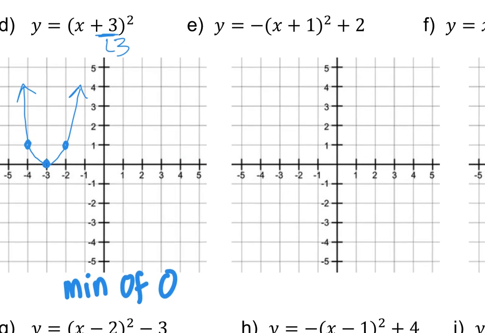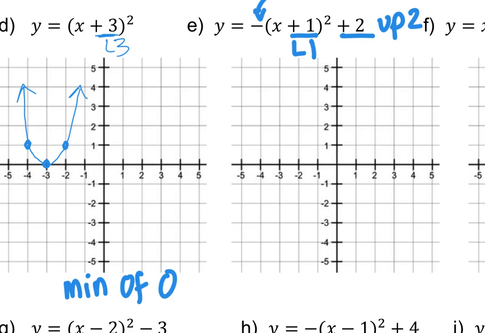Letter E. We have this +2. What does that +2 tell us to do? Up 2. And then this +1 tells us left 1. That negative says reflect over x. Again, yes, you have to write that down.